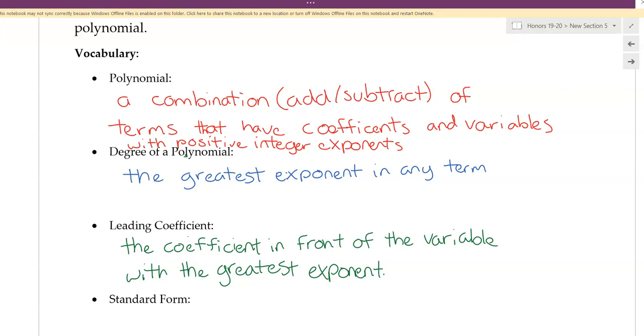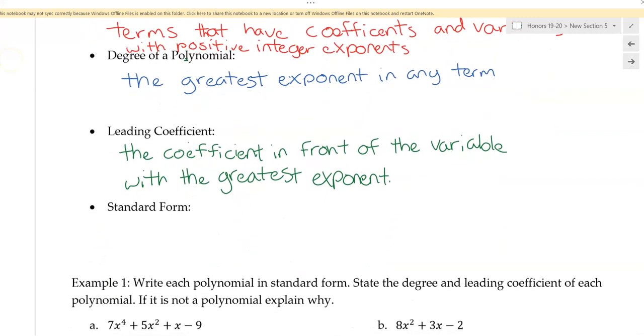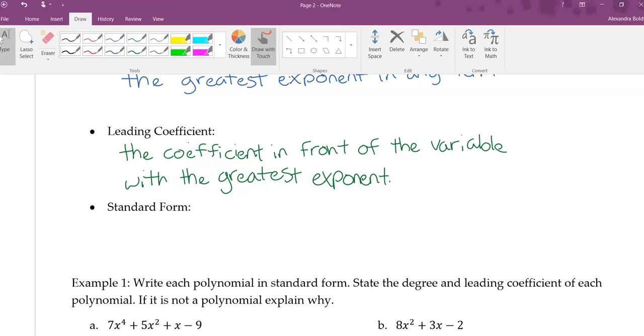It's called a leading coefficient because when our polynomial is in standard form, it's first.